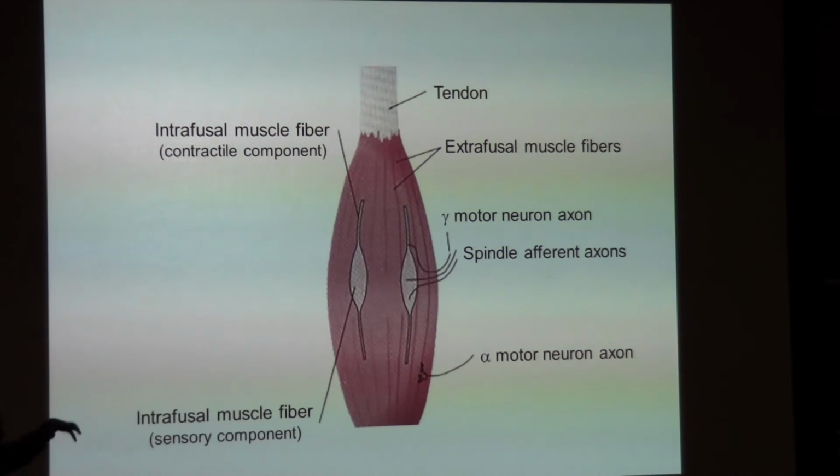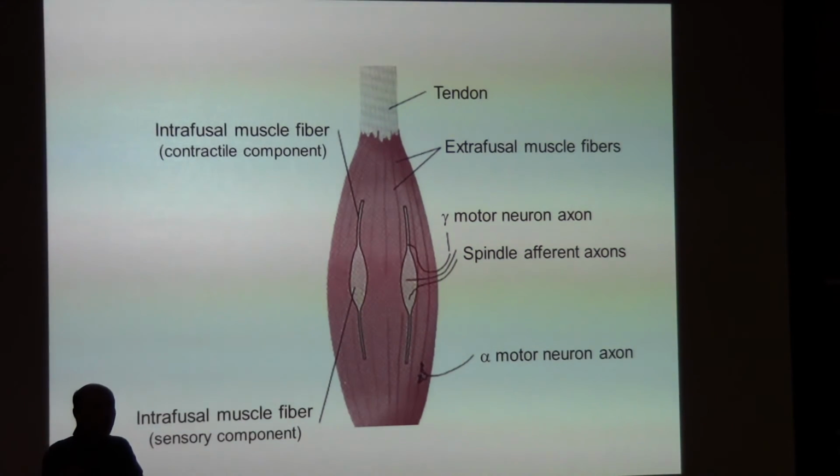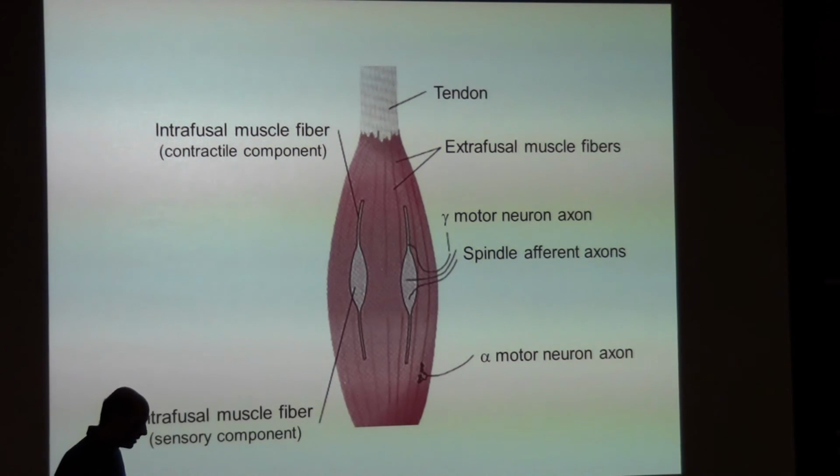So you have the large fibers that generate force, and then you have these small fibers called intrafusal fibers that are part of the sensory system. As the large fiber gets bigger or smaller, so does the small fiber. The small fibers, called intrafusal fibers, have axons that are wrapping themselves around them, and these are called muscle spindles. They tell the nervous system how long the large fiber is.